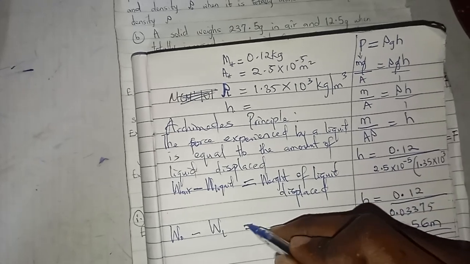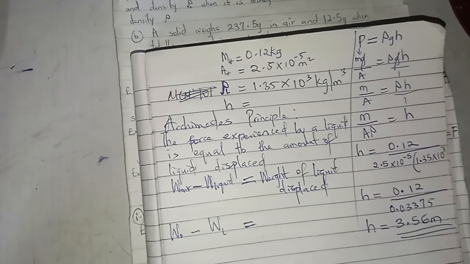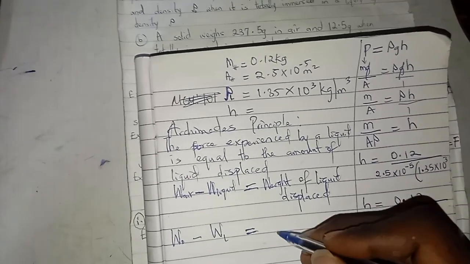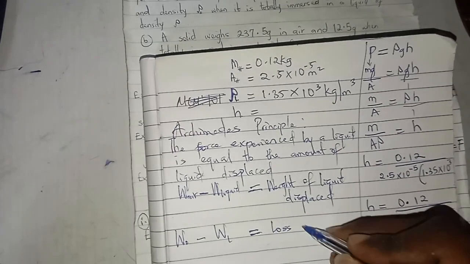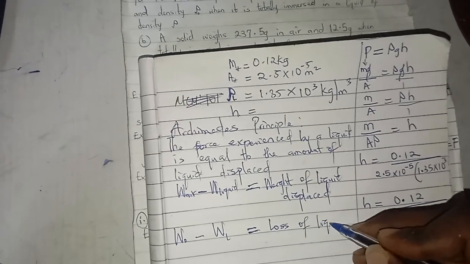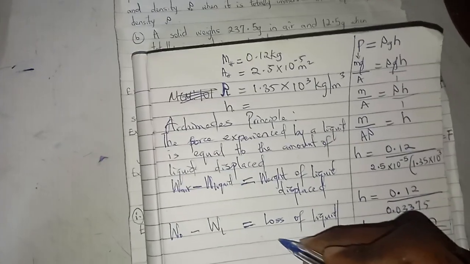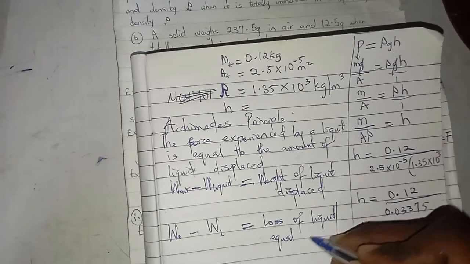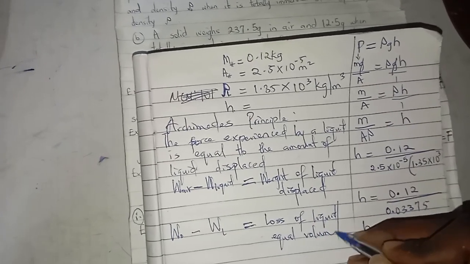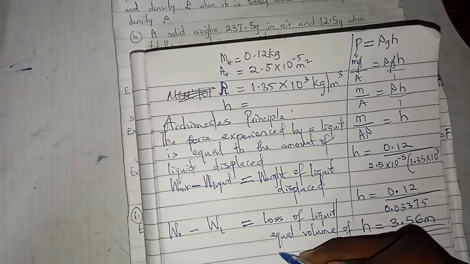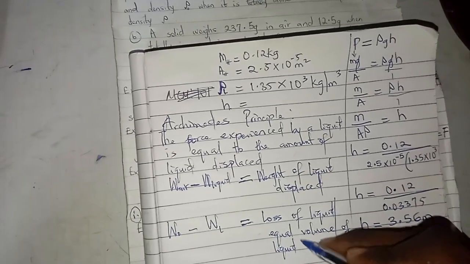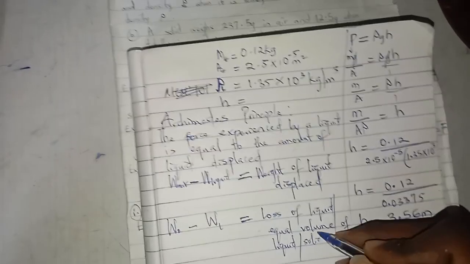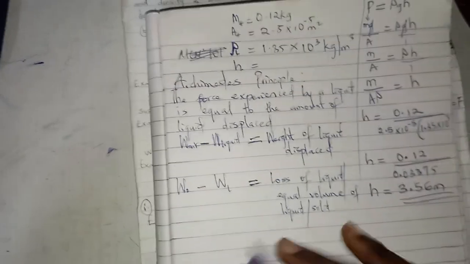And this weight of liquid displaced can also be called loss of weight, or you say equal volume of liquid to solid.